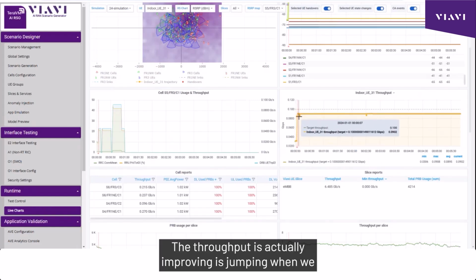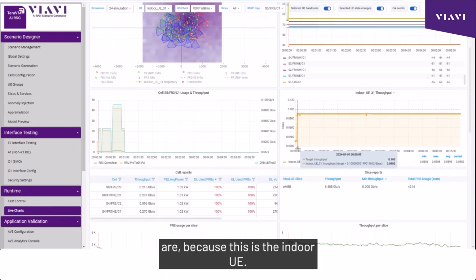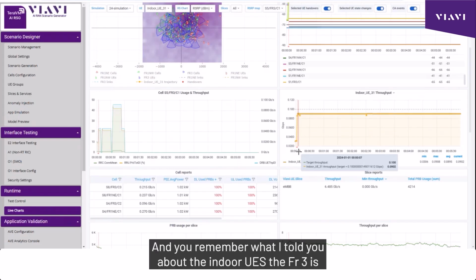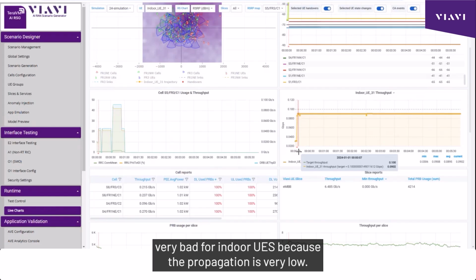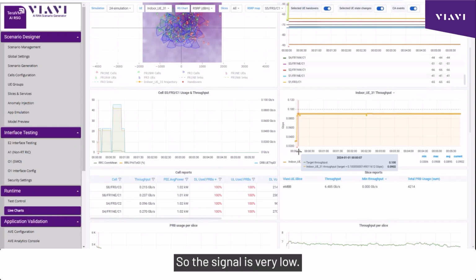The throughput is actually improving, it is jumping, because this is an indoor UE, and you remember what I told you about the indoor UEs. The FR3 is very bad for indoor UEs because the propagation is very low, so the signal is very low.